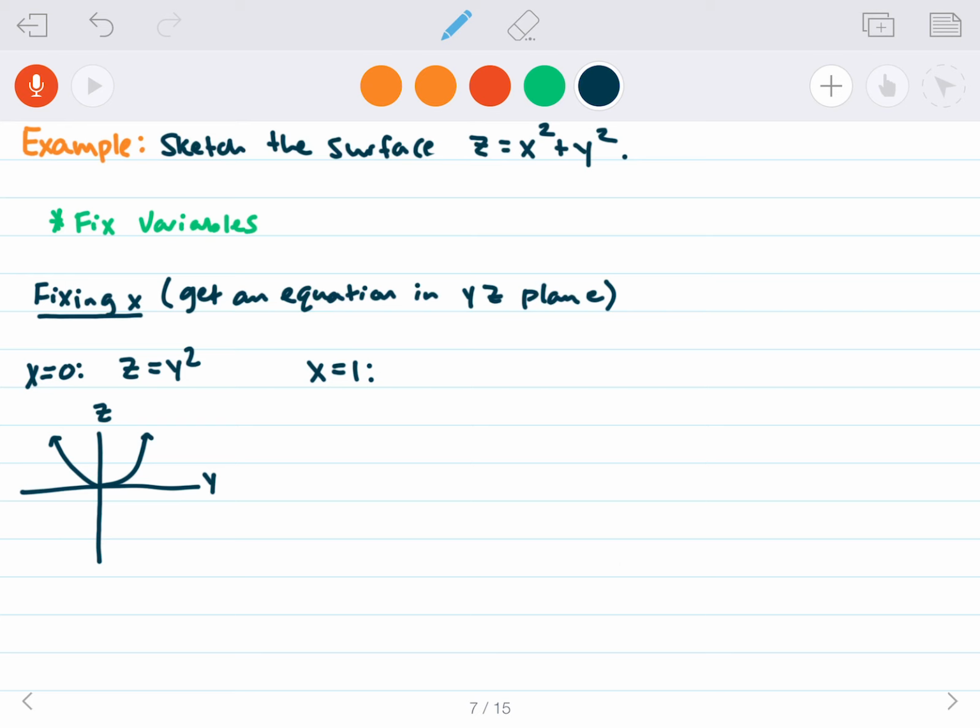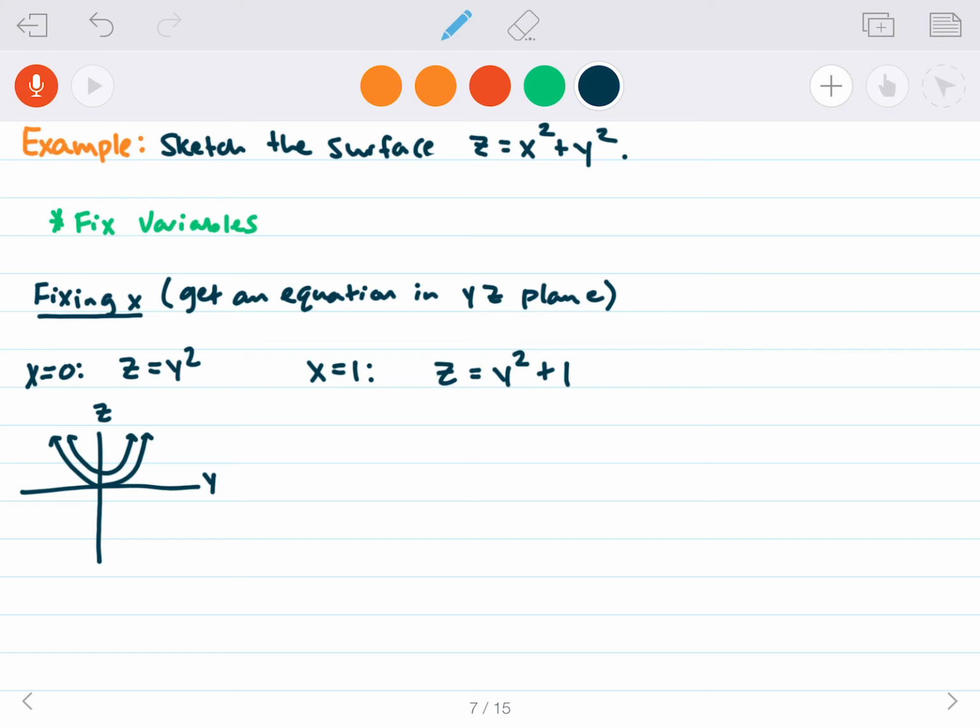Well, when x equals 1, if I plug 1 into this equation up here, I get z is equal to 1 squared plus y squared, which is just 1 plus y squared. So z equals 1 plus y squared, or y squared plus 1 is a better way to write that. And we can see here that this is just a parabola shifted up 1 unit. So it's going to look something like this. Okay. All right.